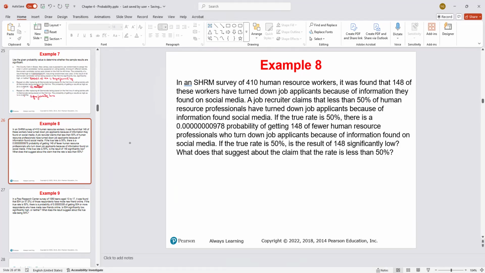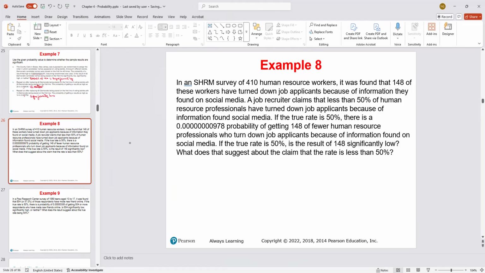Remember we read it, we need to understand it because the question is to answer if that probability is low. Now, all you need to do is decide, do you feel like this result of 148 is either significantly low or high or neither? I only want to know if it is low.